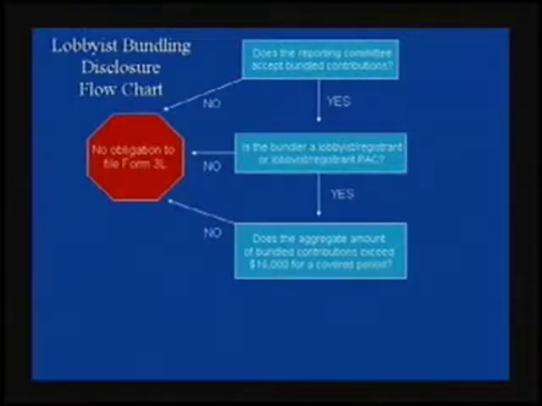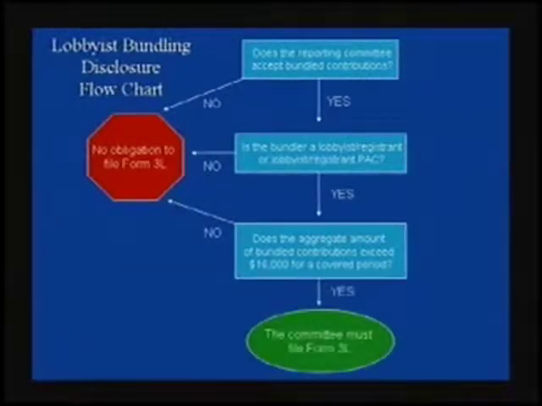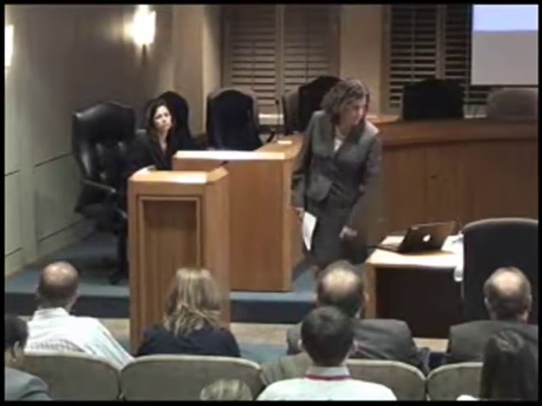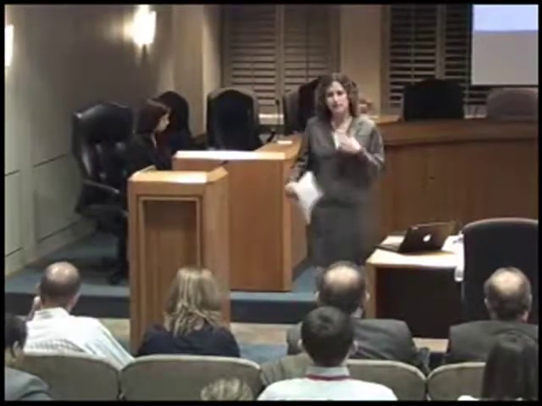But let's say it exceeds the $16,000 threshold, then yes. If the answer to all those 3 questions is yes, then you do file Form 3L. Okay? Forwarded contributions are automatically bundled, but if you receive it directly from the contributor, it's only bundled if you give credit.